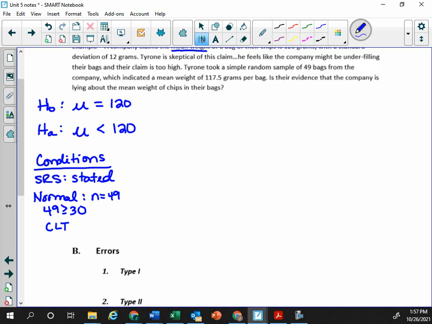All right, we need to make a sketch. So I'm going to draw a little picture. What's in the center of my distribution? What are they claiming? It's their claim. Yeah, what is mu?